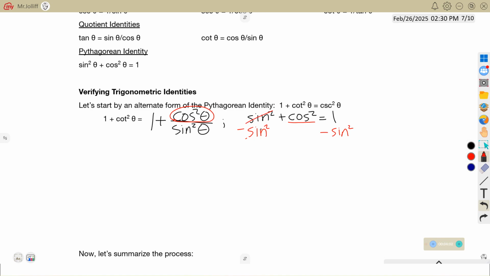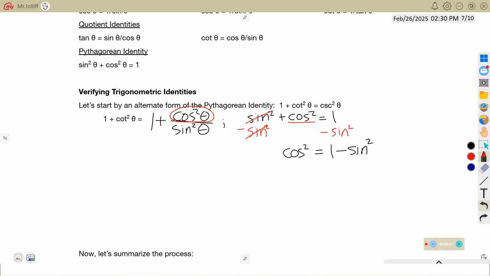On this side, those guys cancel, and I'm left with cos squared. On the other side, I have 1 minus sin squared. So cos squared is 1 minus sin squared.